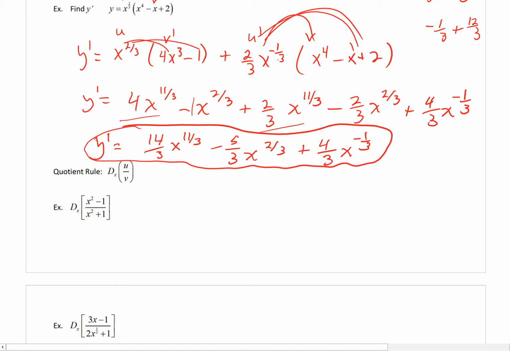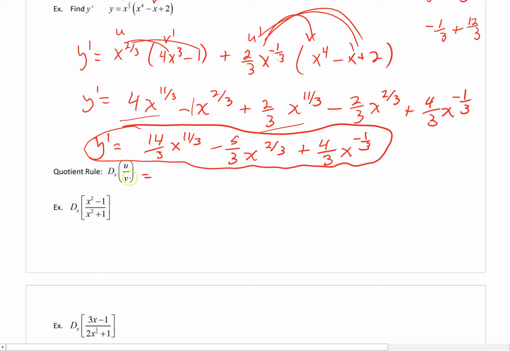The quotient rule, when you're dividing two functions, that's something you need to memorize. And guys, you definitely need to do more work here too. Here's how the quotient rule works.